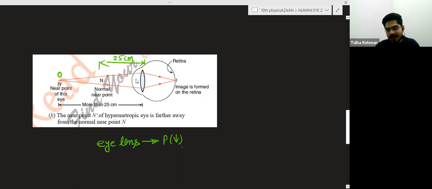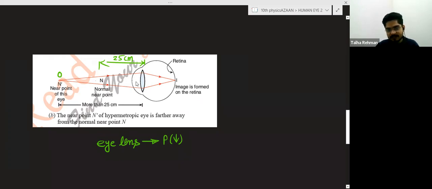Basically, you have to help this eye lens to converge these rays.